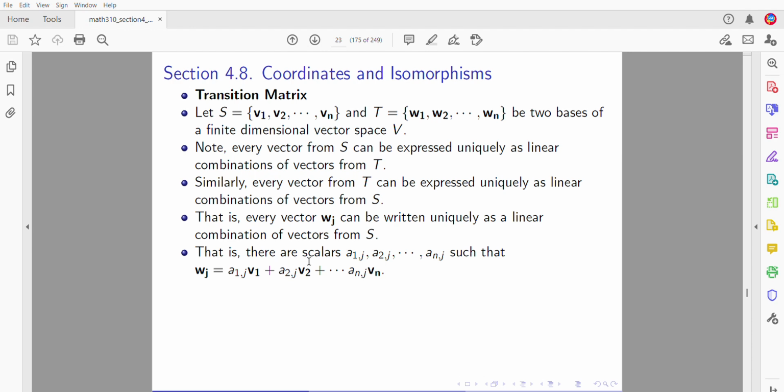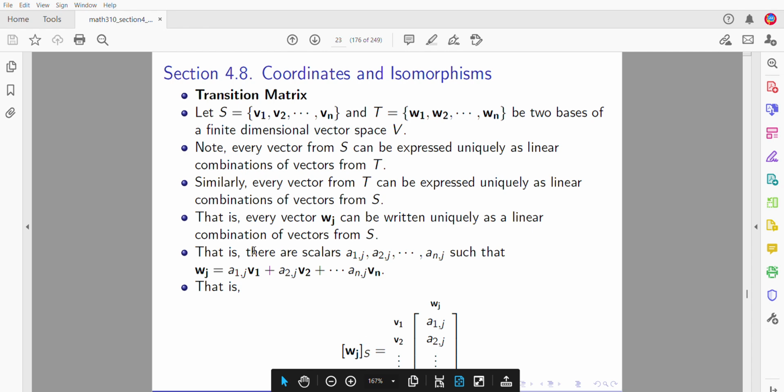In other words, the coordinate vector of wj with respect to S is given by these coefficients a1j, a2j until anj. So you get a column vector for every wj with coordinates given by coefficients of v1 through vn. Notice wj is on the top, and on the left are v1 to vn.